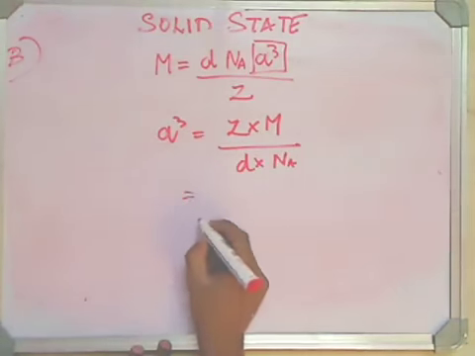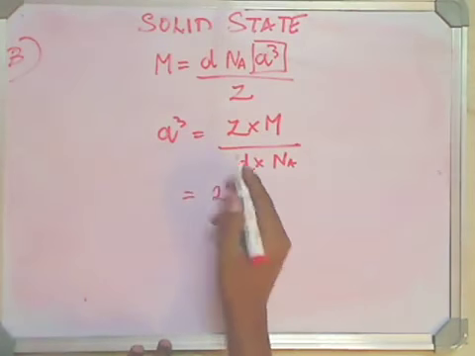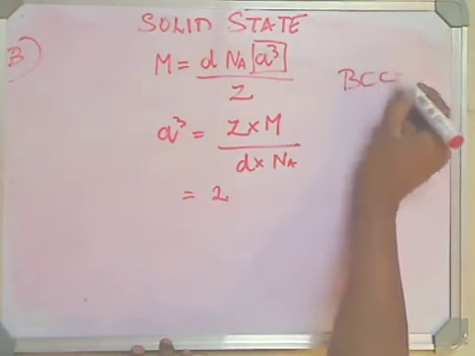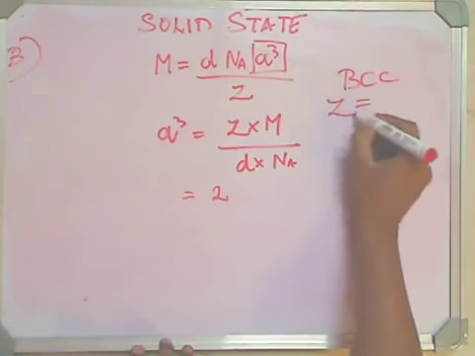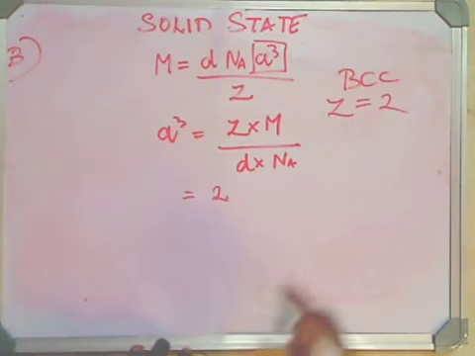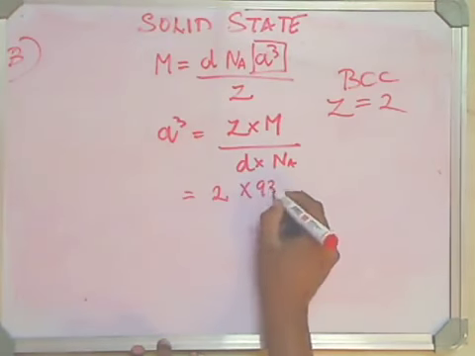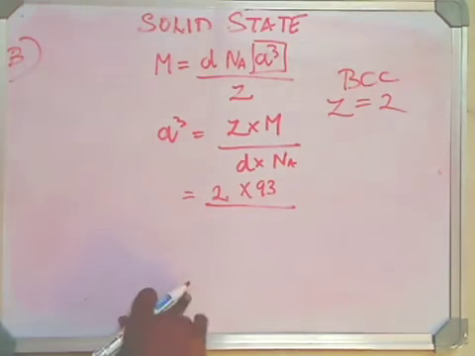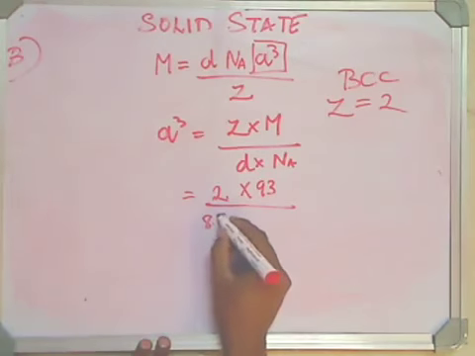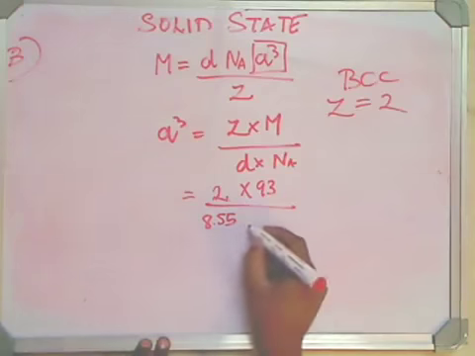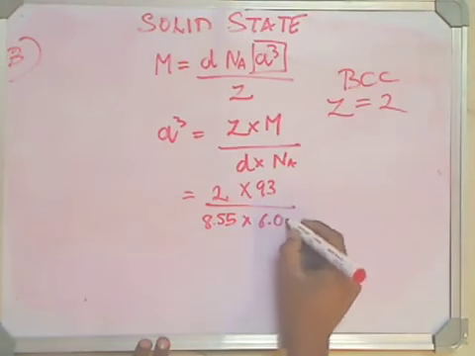Okay, so this is what I'm going to do now. I already have the data here. Z here is 2 because it's a BCC structure, and for BCC the value of Z would be 2. 2 multiplied by 93, which is the atomic mass of niobium, divided by the density, which we looked at as 8.55, multiplied by Avogadro's constant.